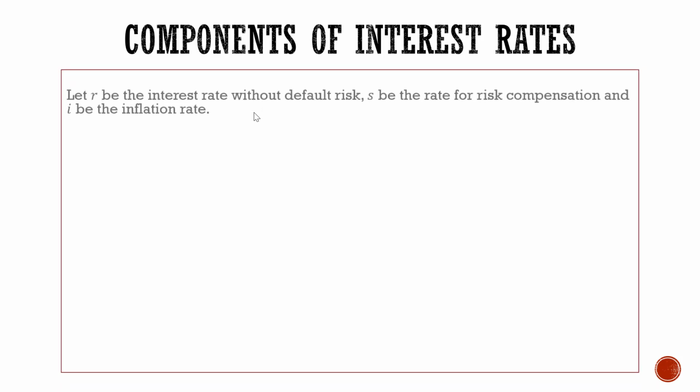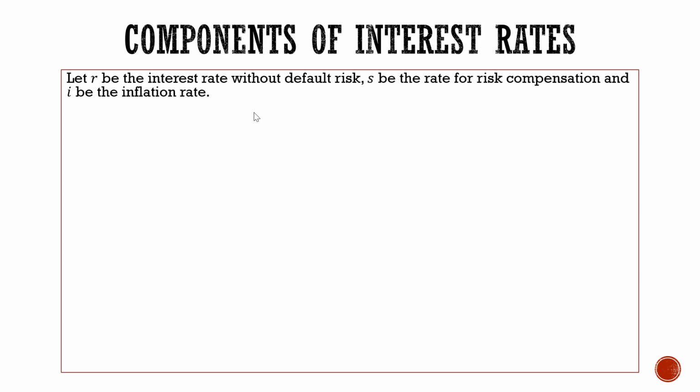And when default risk does exist, we need a method to evaluate the interest, that is, the components of interest rates. Here, let r be the interest rate without default risk, s be the rate for risk compensation, and i be the inflation rate. The first situation is when there is default risk but no inflation.